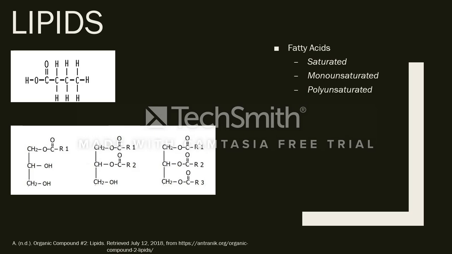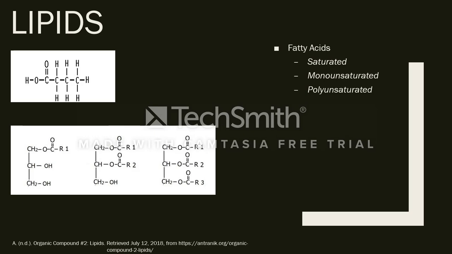Monounsaturated fat looks a lot like a saturated fatty acid, but when you really get down to the nitty-gritty, you'll notice that between 2 of the carbons, there's actually a double covalent bond, okay? So remember when we touched base earlier that every carbon atom can only have 4 covalent bonds. Well, since these 2 carbons are sharing the double carbon bond, they have fewer hydrogens actually attached to them.